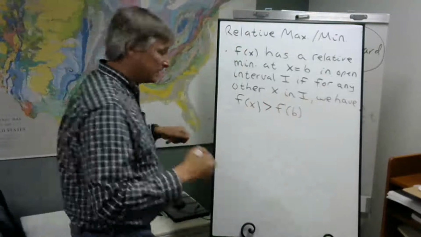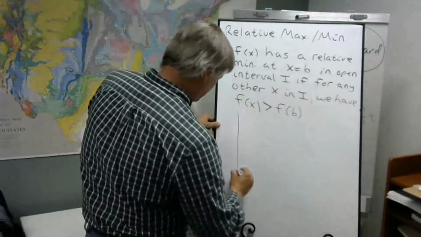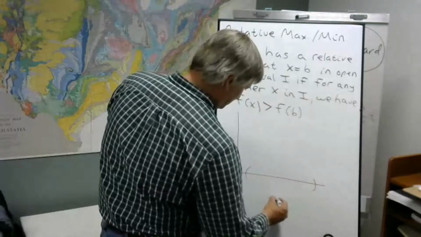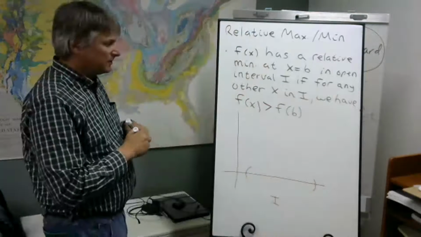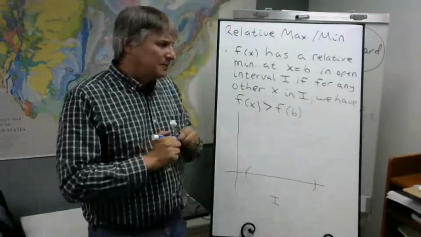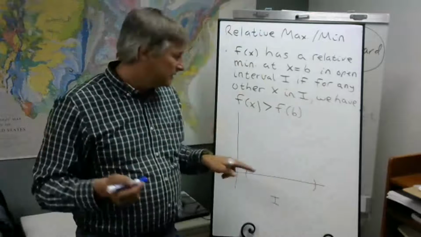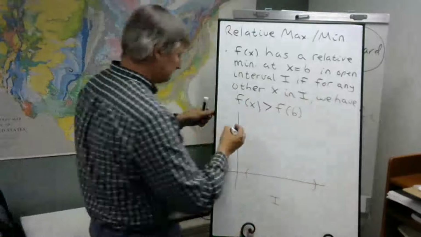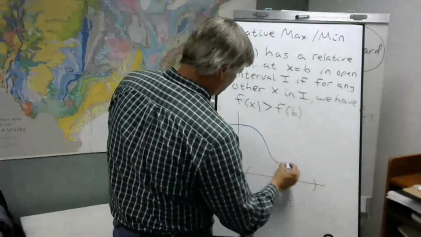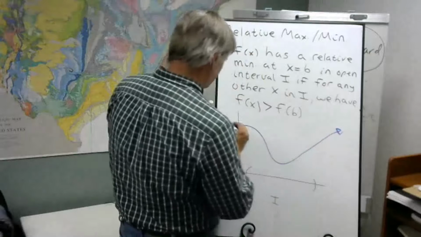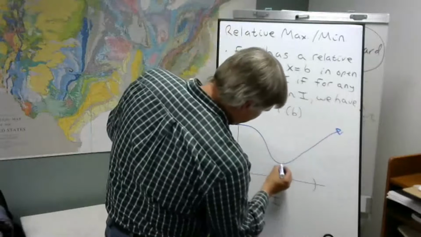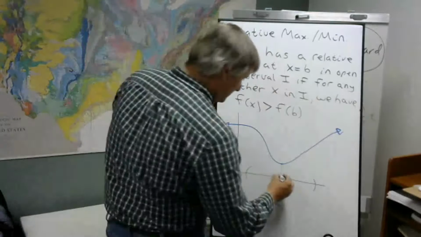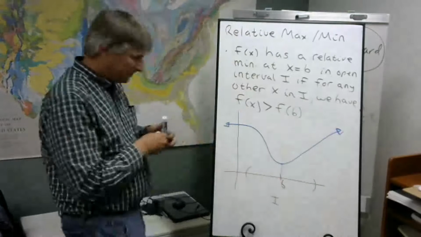So a picture of what's going on here. So here's our open interval. And let's say our function's doing this. So what this basically says is that our function has a trough somewhere over, or it could be under, this interval. So here's the bottom of that trough. And this occurs at x is b.